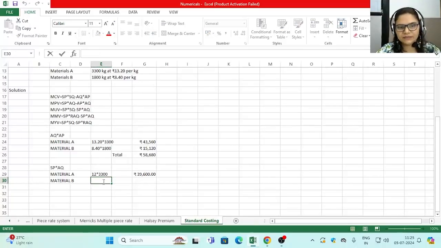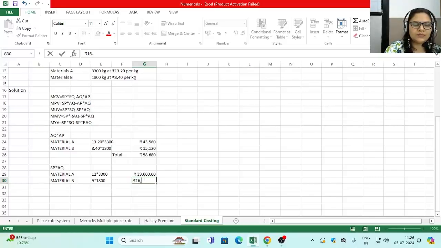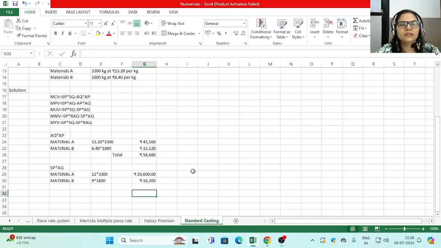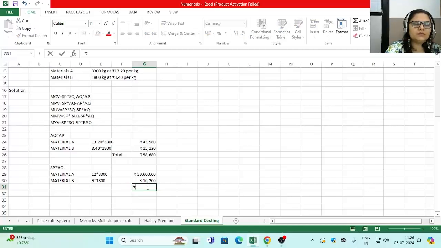For material B, 9 into 1800 is 16,200. Now if we add these two figures, we will get a total of 55,800.